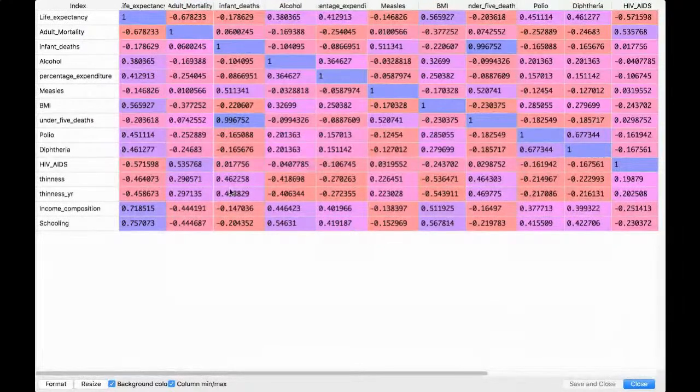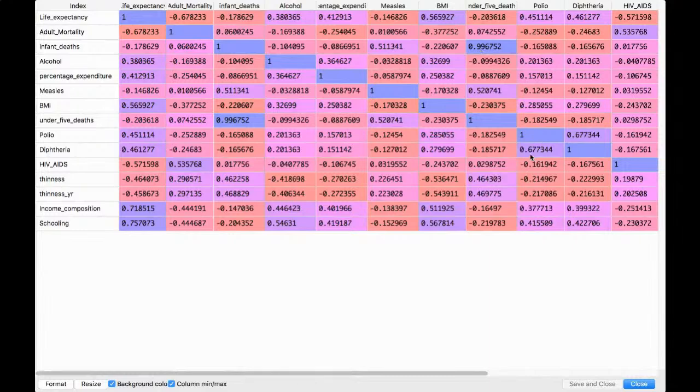So maybe, see here 0.99, but this is for under-5 deaths with infant deaths. So infant deaths with respect to the people who died under 5 years, below 5 years, the relation is very high. That's why you got 0.99 here.